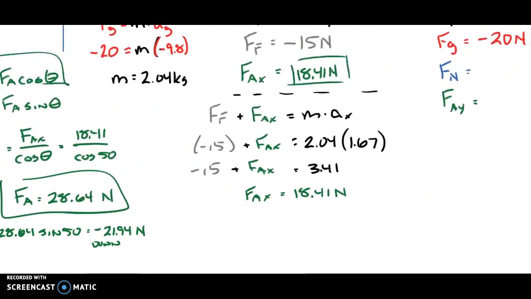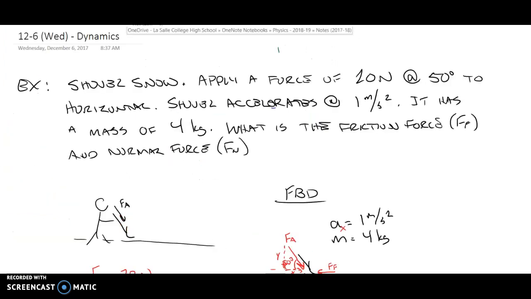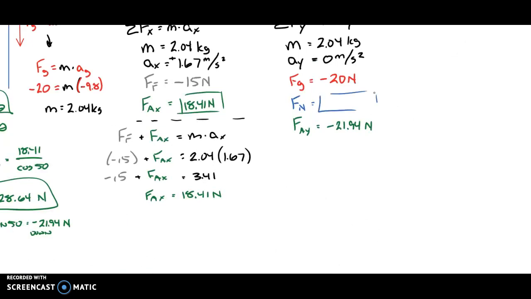So in my table over here, when I plug in the y piece, I'm going to put in negative 21.94 newtons. Now, the only thing missing is the normal force, which means I can set up my equation just like I did on the x side, and I get Fg plus Fn, the y piece of the applied force.